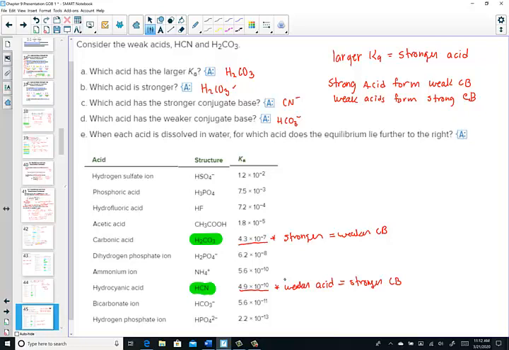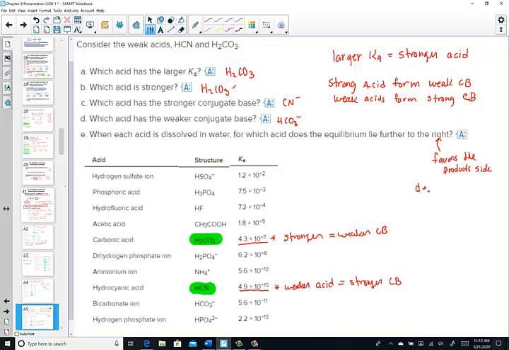And when each acid is dissolved in water, for which acid does the equilibrium lie further to the right? Do you understand what it's saying? All it's saying is which one is the stronger acid. Further to the right is going to mean favors the product side. And that's the very definition of what a strong acid does.